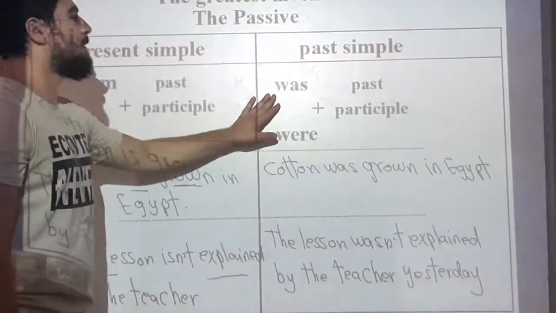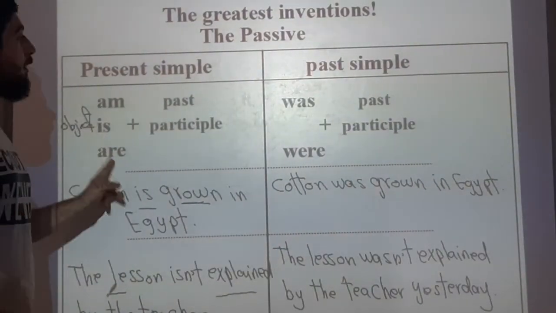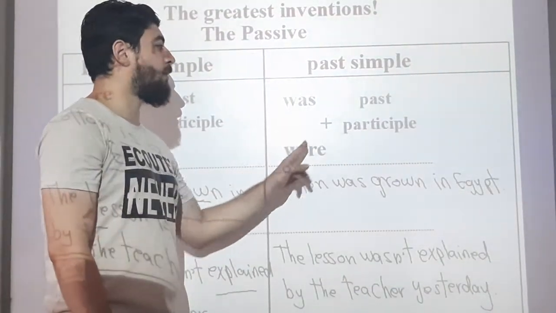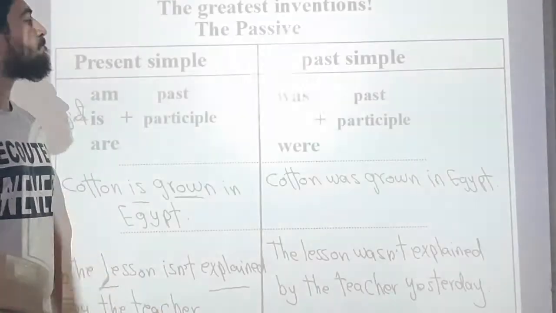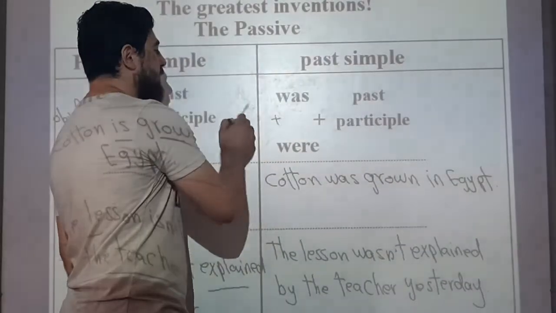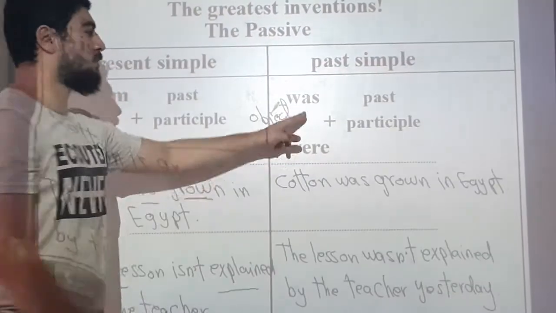Okay, in the past simple we change am, is, are into was and were. So we use was and were plus past participle in the past simple in the passive case. So we start again with the object, plus was and were.